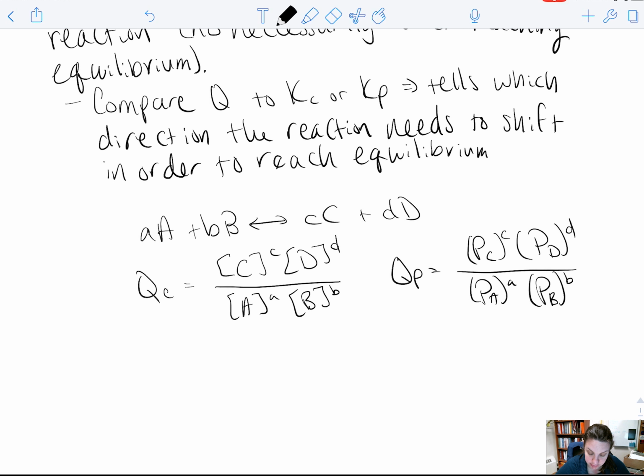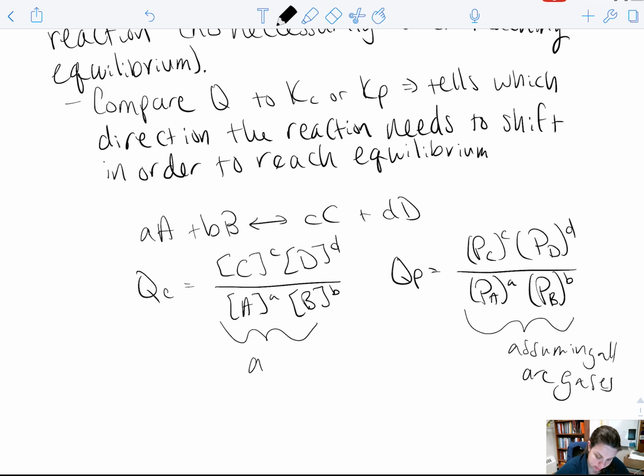Again, assuming all of these are gases, or gases or aqueous. Okay.